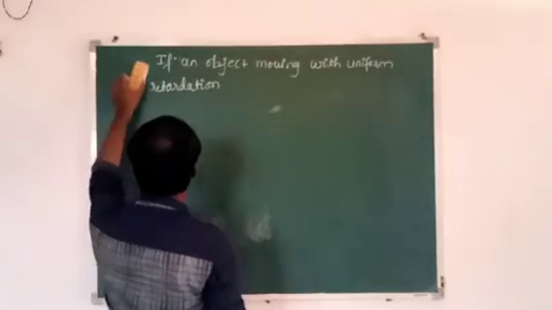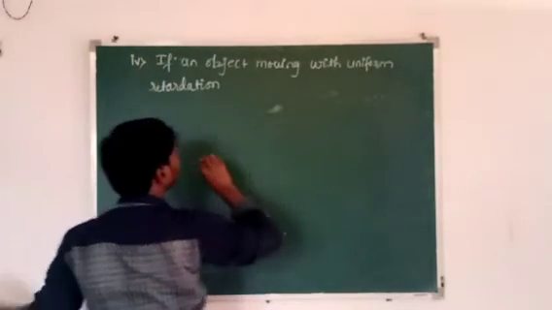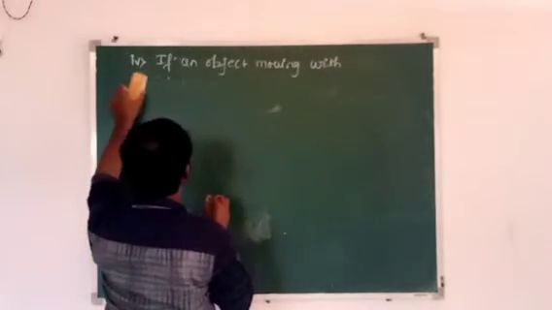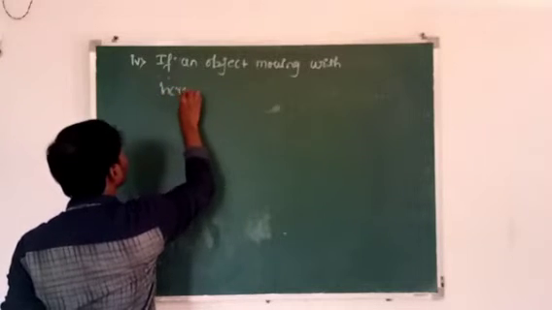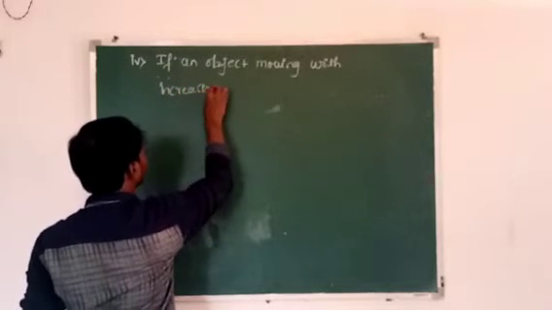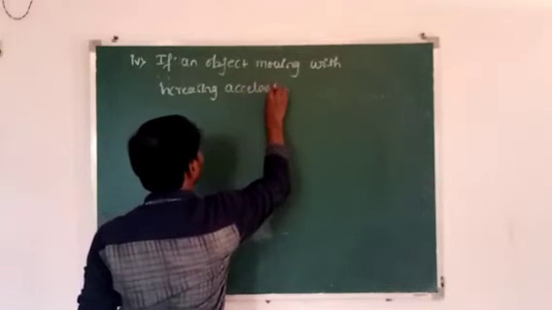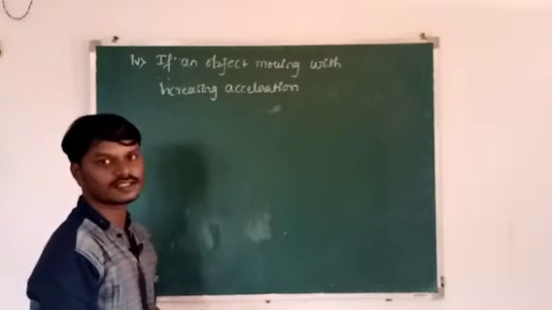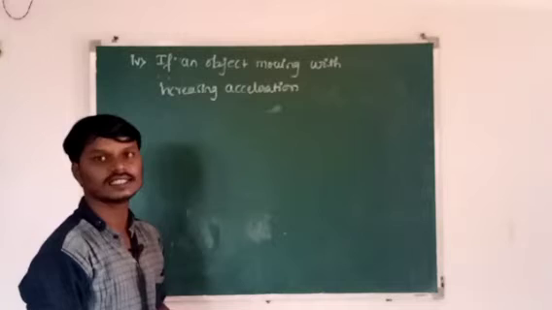Fourth one, an object moving with increasing acceleration. So now let us consider the velocity versus time graph for the object moving with increasing acceleration.